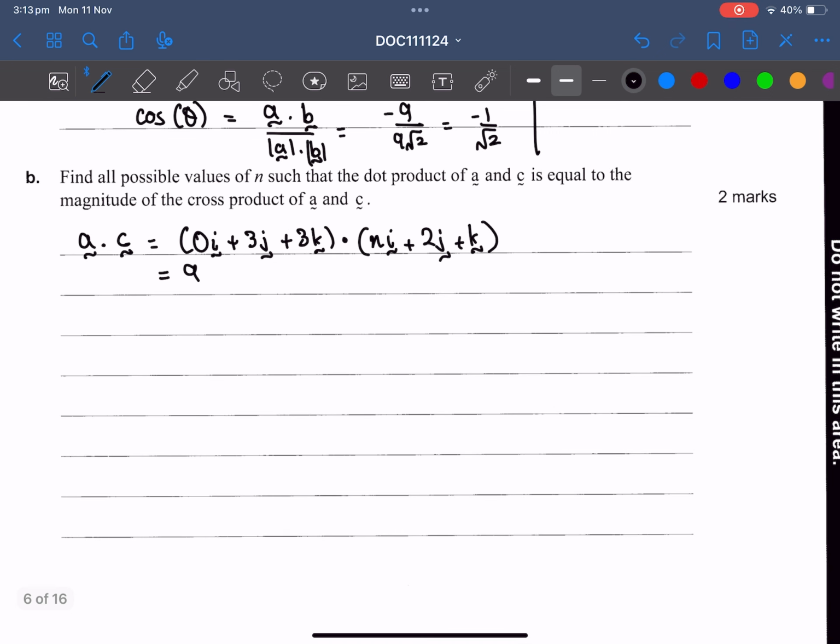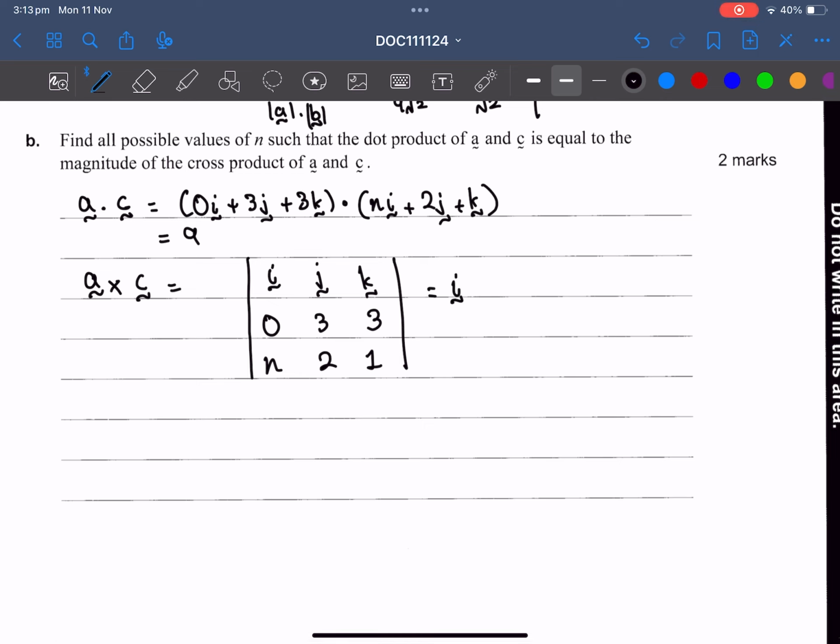And now we will do the cross product. So A cross C is just going to be the determinant with i, j, k, then 0, 3, 3, and n, 2, 1.